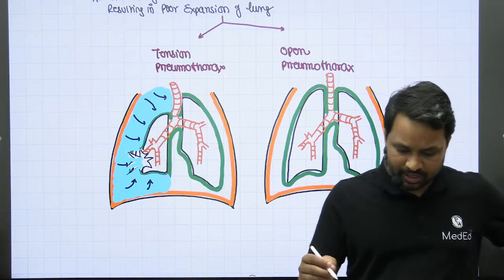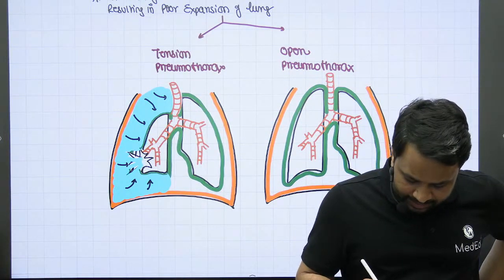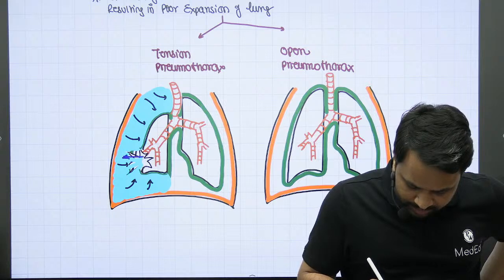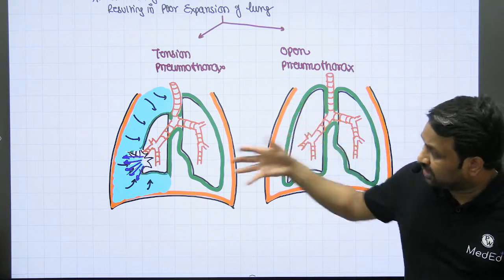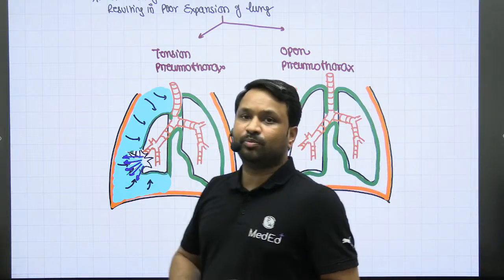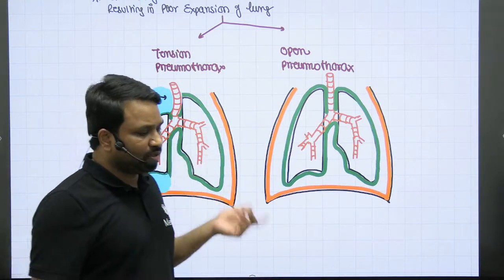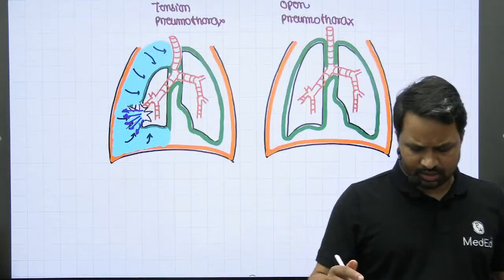So what did we understand? The air leak in the tension pneumothorax is from the parenchyma itself. The air leaves the parenchyma and gets accumulated between the parietal pleura and the visceral pleura, resulting in tension pneumothorax.